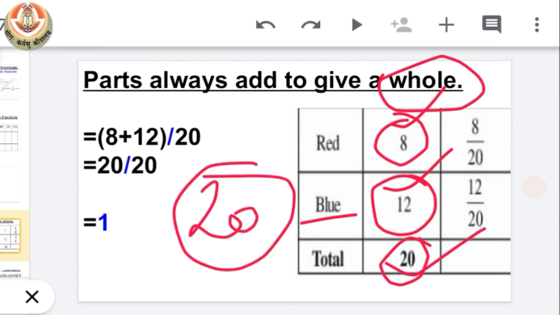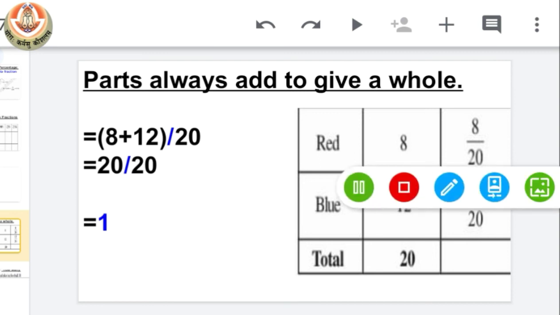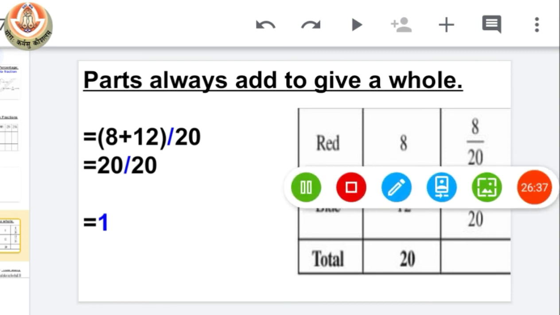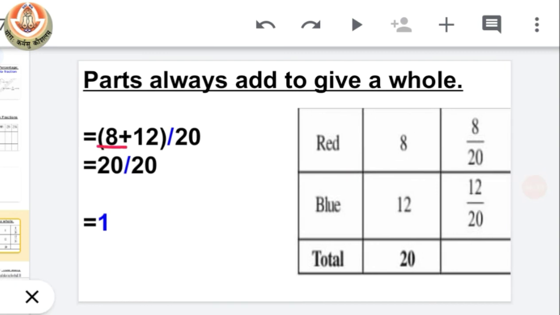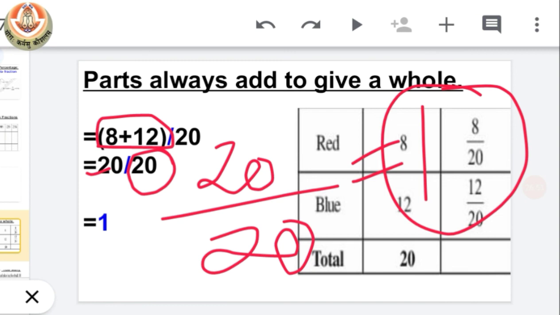You can see here the total is also 20, right? So when we add the parts, that is red beads with blue beads, we get 20, and we also know that 20 is the total. So when we divide 20 by 20, we get the answer 1, that is the whole. Whole means complete. Okay.